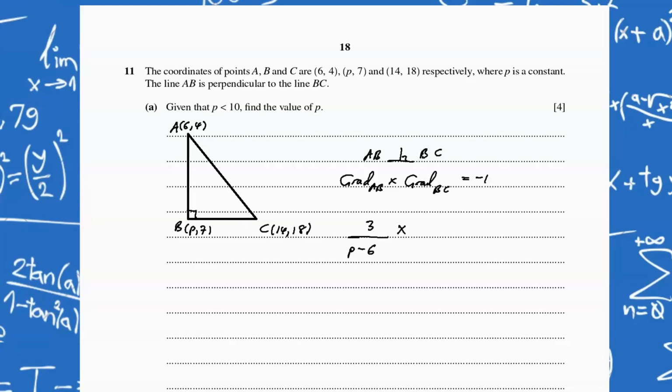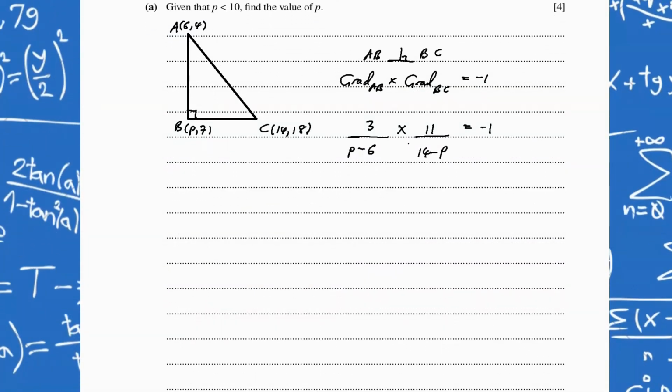BC is 18 minus 7, which is 11, over 14 minus P, and that's all equal to -1. So 3 times 11, that's 33, over P minus 6 times 14 minus P is equal to -1. So it's like (P minus 6) times (14 minus P) is equal to -33.